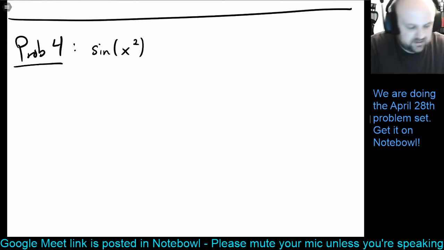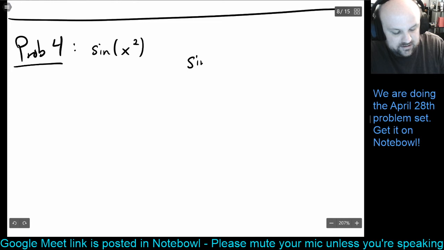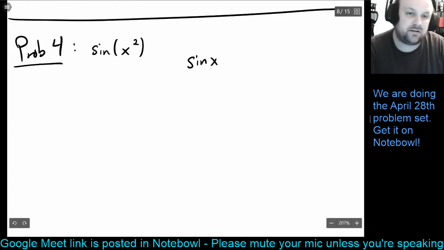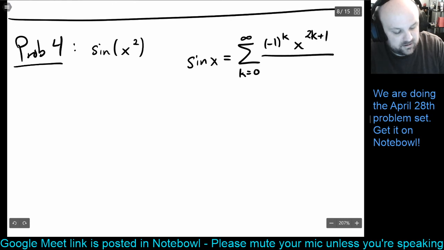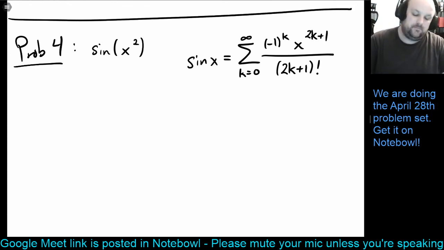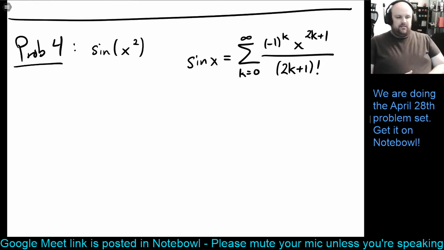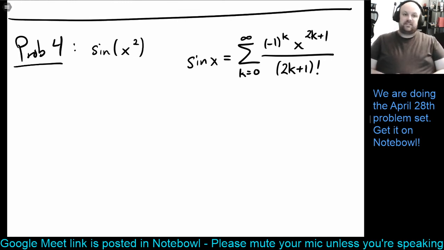If you haven't come up with any ideas yet, let me give you a hint. Remember that the Maclaurin series for sine of x is given by the sum from 0 to infinity of minus 1 to the k, x to the 2k plus 1 over 2k plus 1 factorial. We covered that one in the lecture video. See if you can use that as a way to get a power series for sine of x squared.